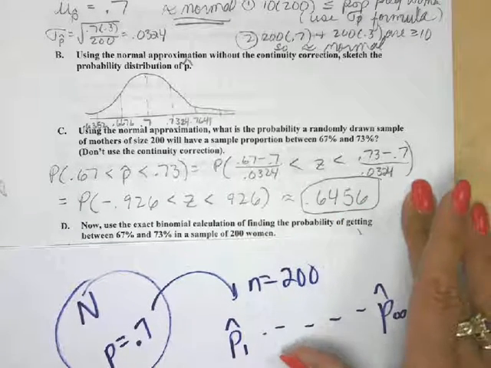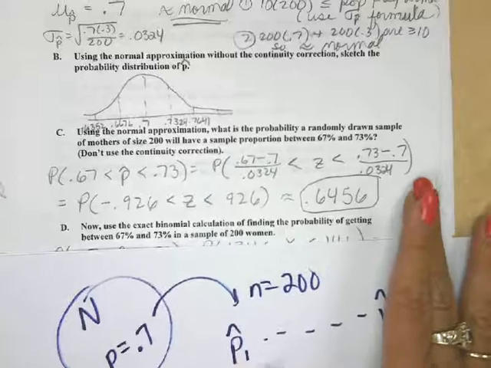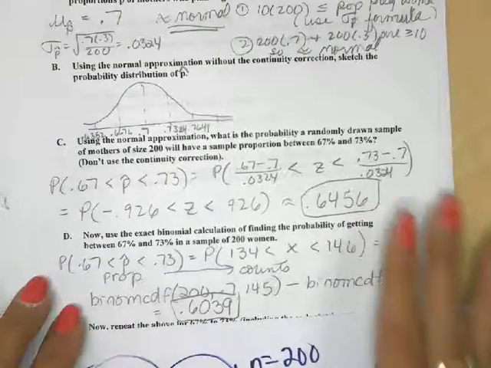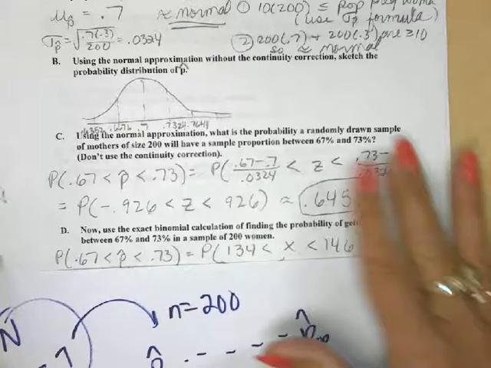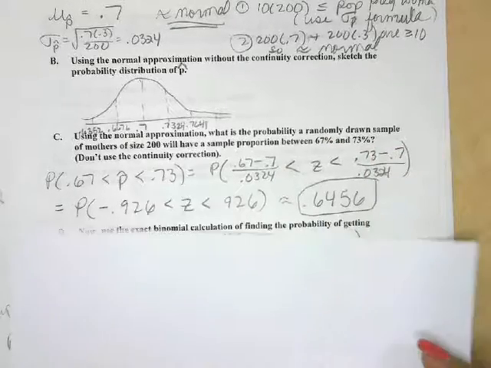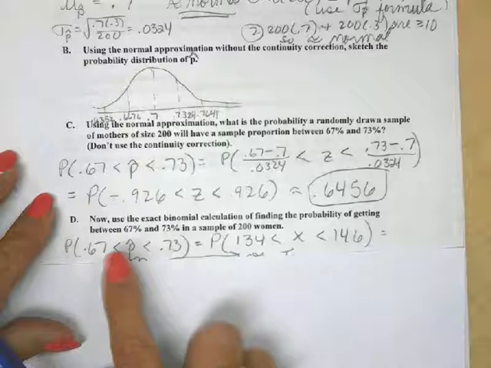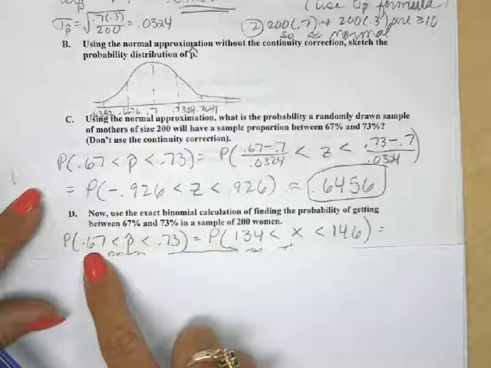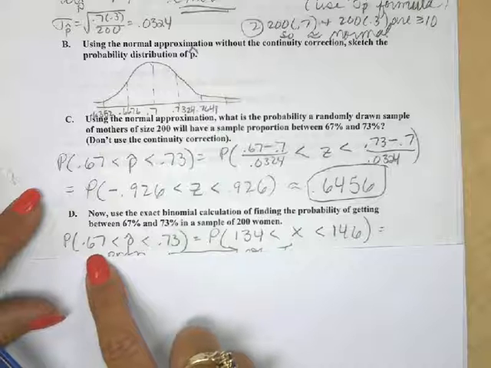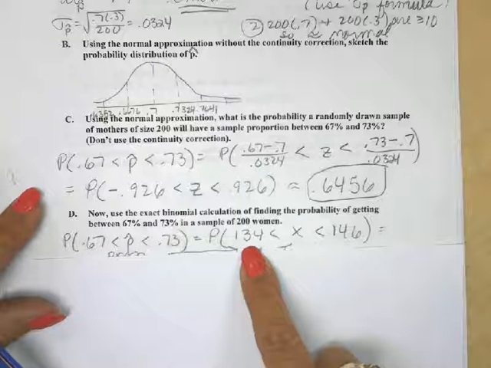Now, we could also do this with a binomial calculation. And with a binomial calculation, if I go through and change this to counts and find out what number of women I would expect if this was 67%, that comes out to be 134.